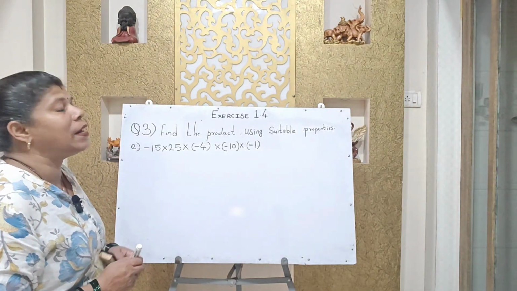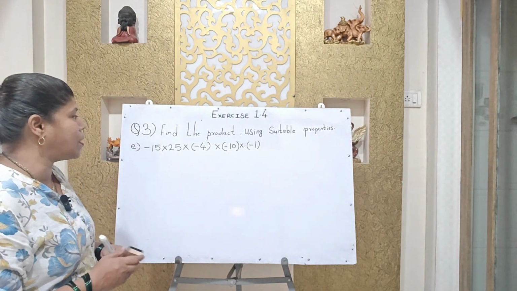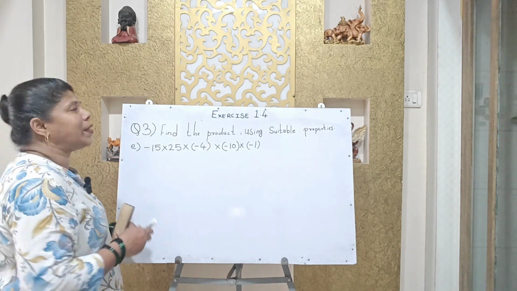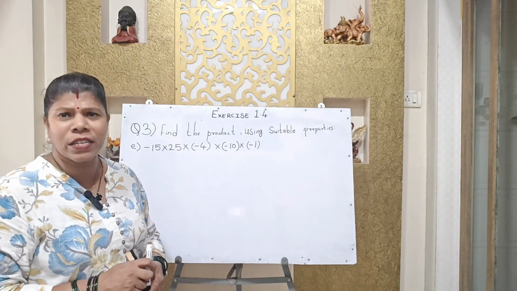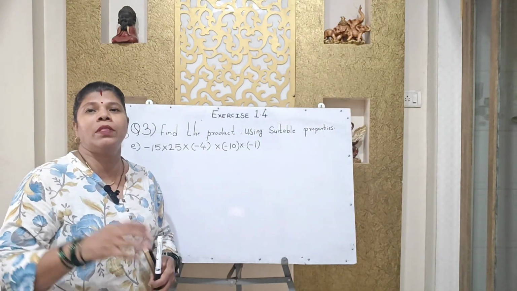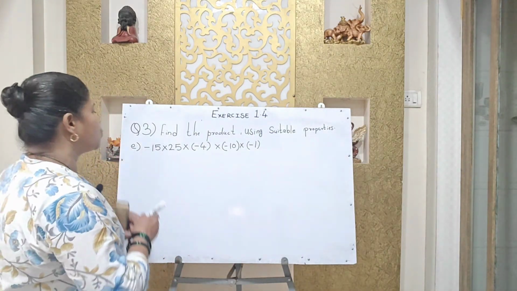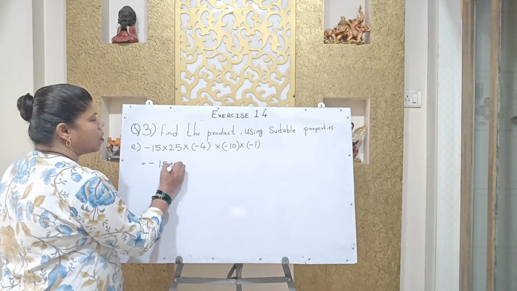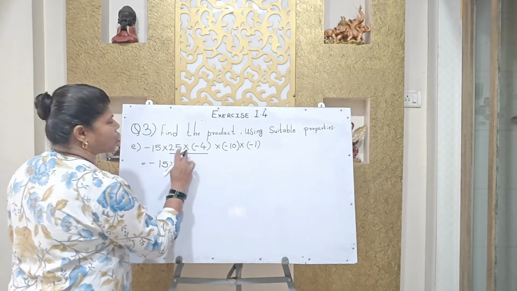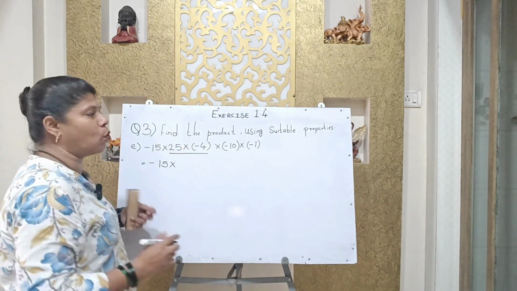So one thing is clear, our answer will be positive. Now let us make this sum a little easier to solve. We know that if we multiply 25 with 4, the answer will be 100. And it is easy to multiply any number with 100.